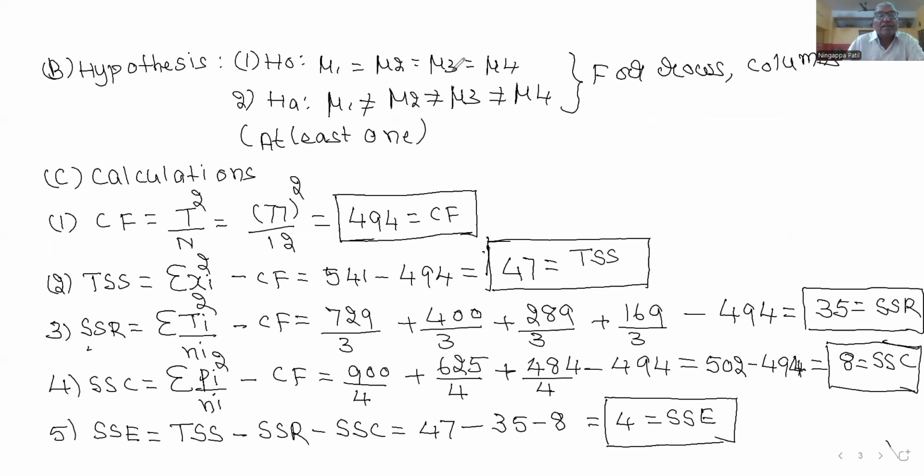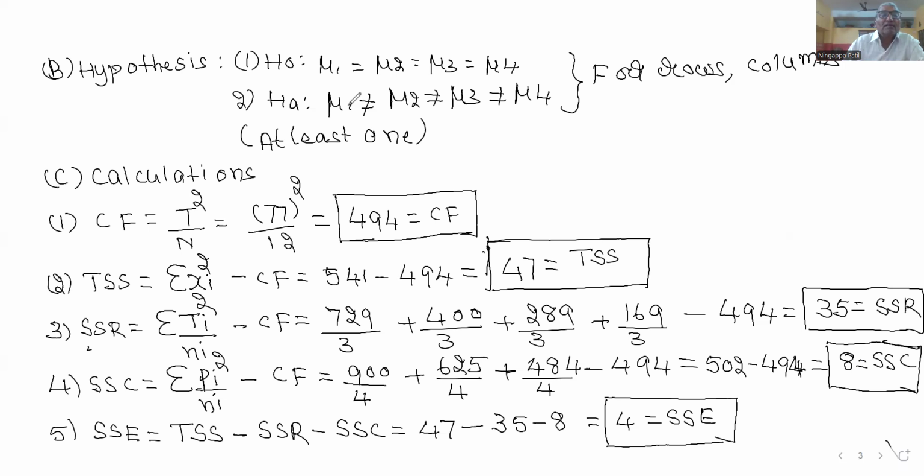For the columns, it becomes M1 equal to M2 equal to M3; the 4th is not there. And for the rows, 4. So this is for both rows and columns. That is the null hypothesis, and the alternative hypothesis is the opposite of this: not equal to.